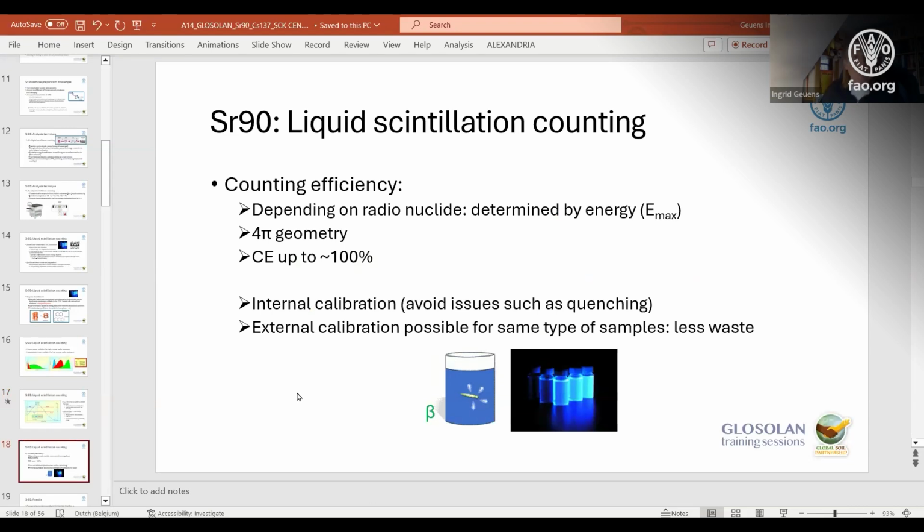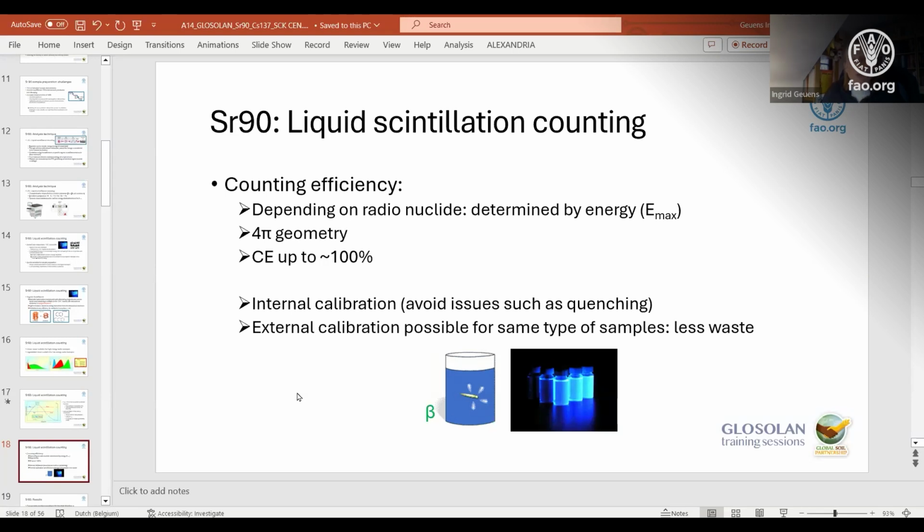The counting efficiency for liquid scintillation counting is very high. It depends a little bit on the radionuclide, and it's also determined by the maximum energy. But because we're doing a calibration with the liquid scintillation counting for that specific nuclide, you know the counting efficiency of your instrument.